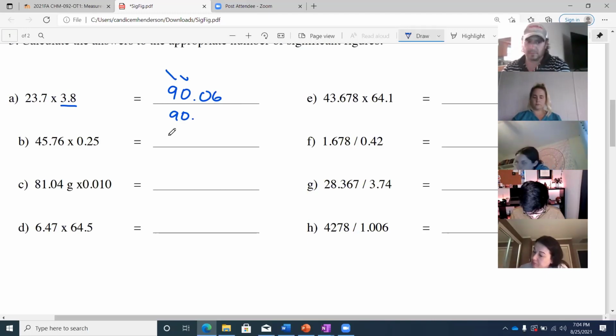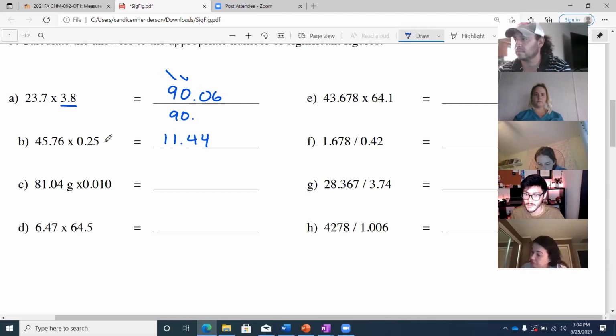45.76 times 0.25. This gives us 11.44. How many sig figs do we get again? Just 2. So we would round this to 11. 81.04 times 0.0. This gives us 12.2504.